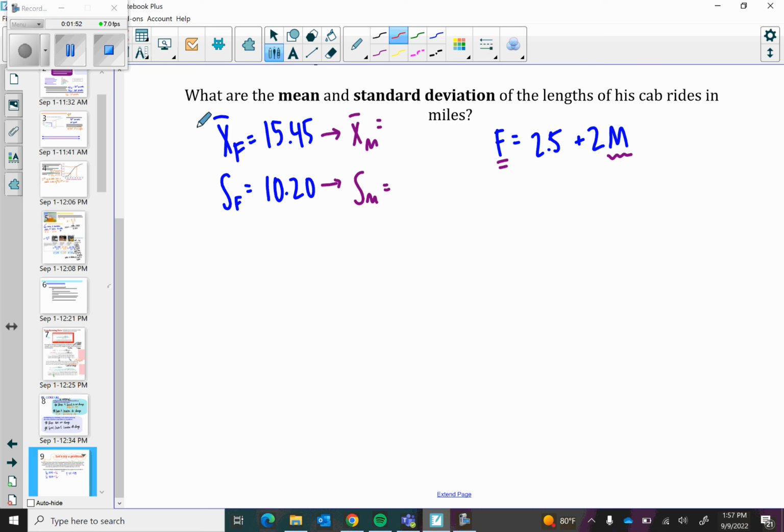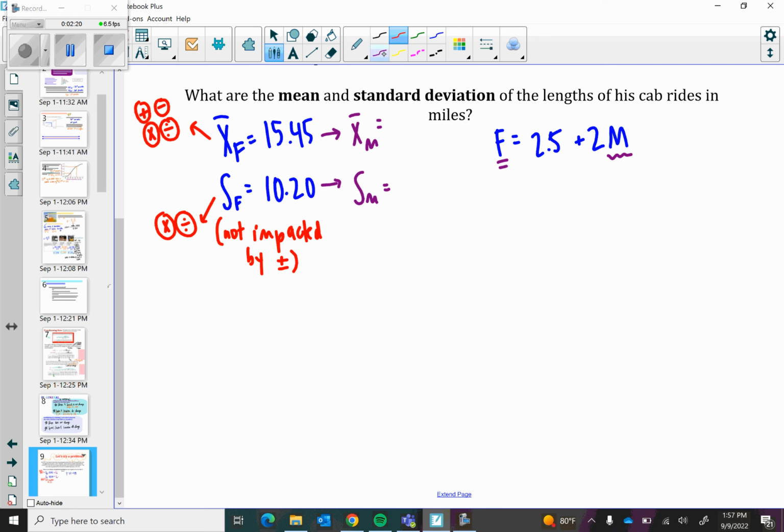Mean did change with addition, subtraction, multiplication, and division. All of those are going to impact the mean. We noticed, however, for the standard deviation, the things that changed it were multiplication and division. Standard deviation is not impacted by addition and subtraction.